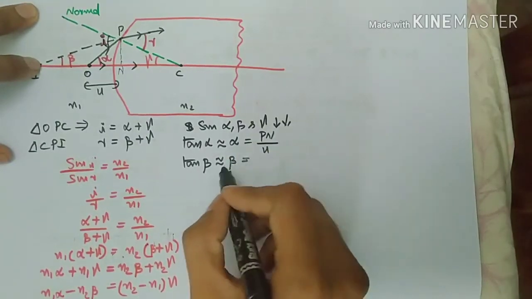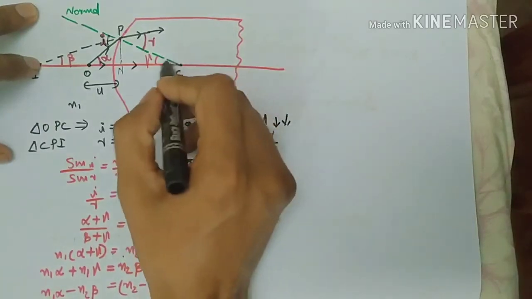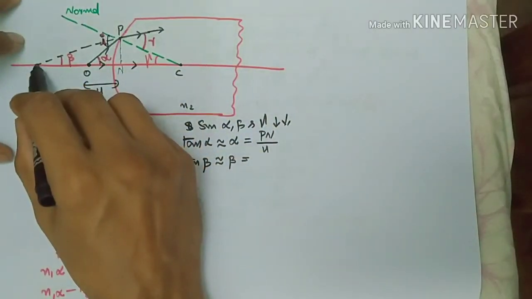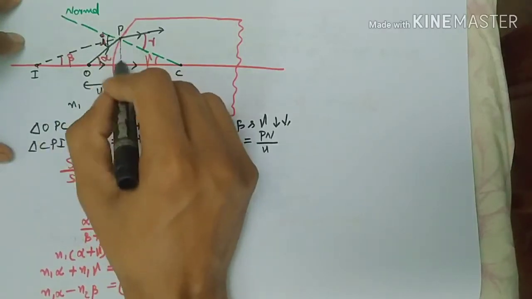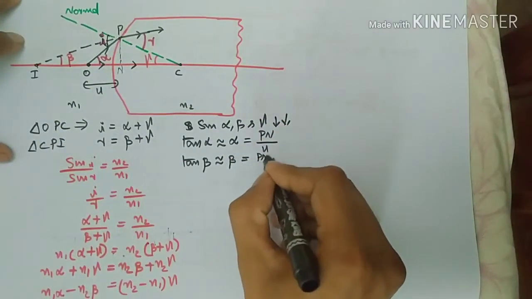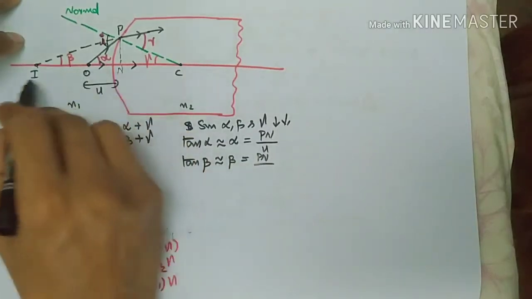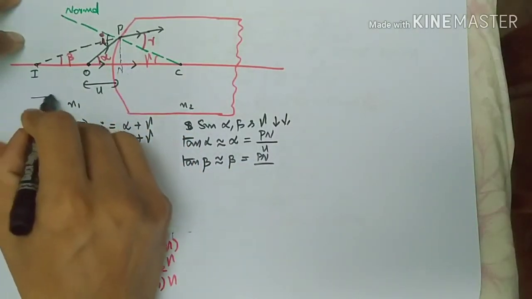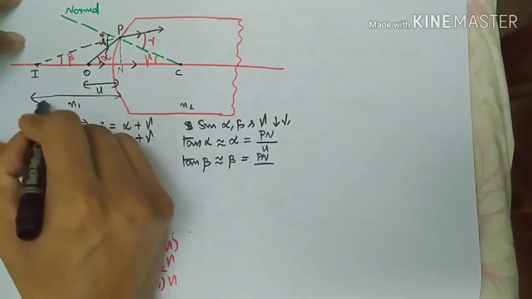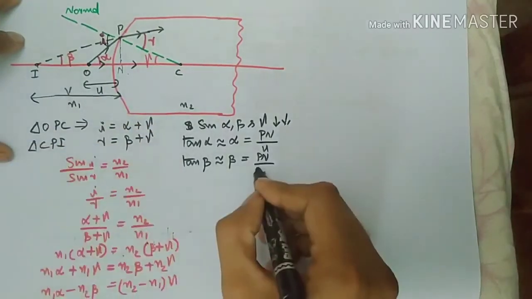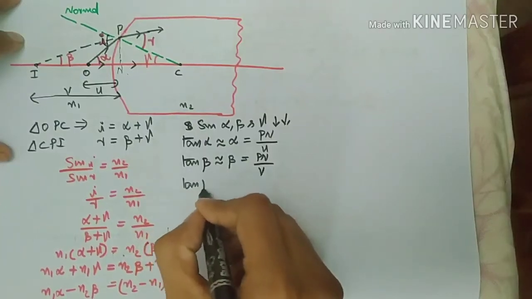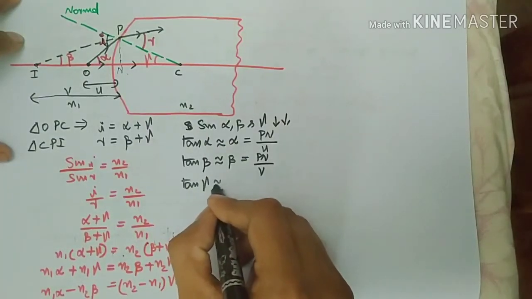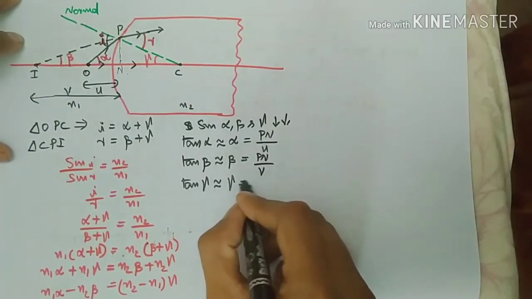And what is tan beta? In order to find tan beta, we consider triangle IPN. In triangle IPN, tan beta is the opposite side, PN, by the adjacent side. This distance is the image distance, therefore it is V. Therefore PN by V. Then tan gamma is approximately equal to gamma.